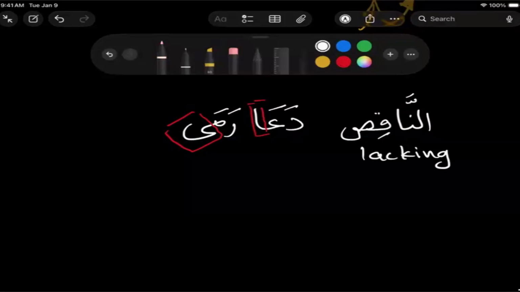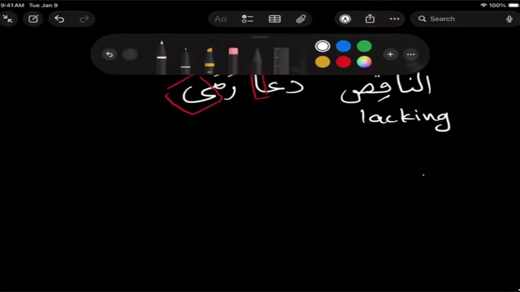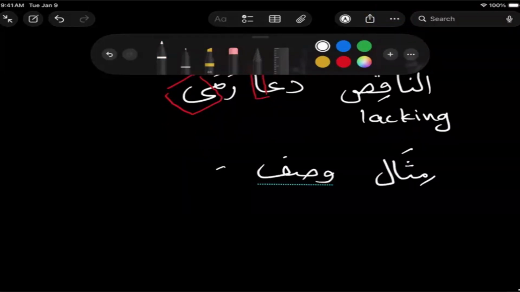We finished the mithal. I'm repeating the words here just to help it sink into your heart. Mithal like wasafa and yamuna.